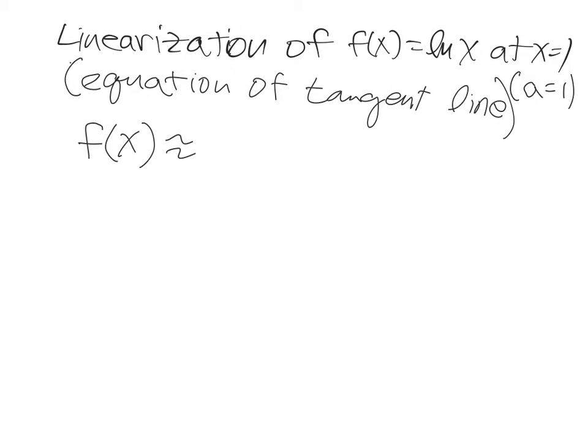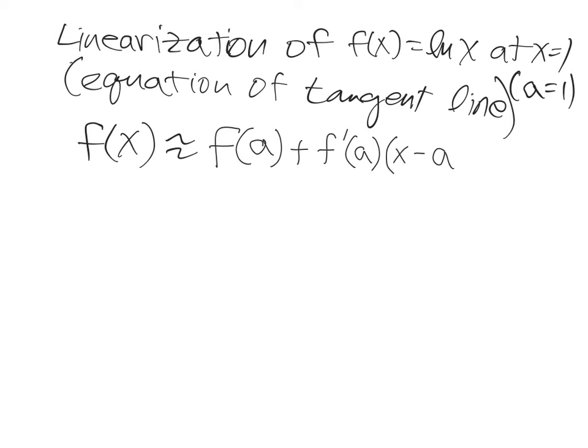Their approximation, this would be the f of a, or f of 1, plus f prime evaluated at a times, well, technically this would be the delta x that we talked about earlier, but x minus a, where a is 1.